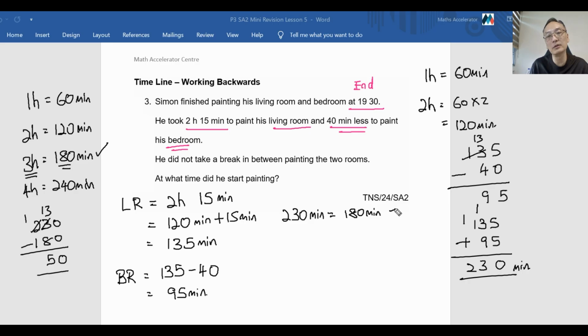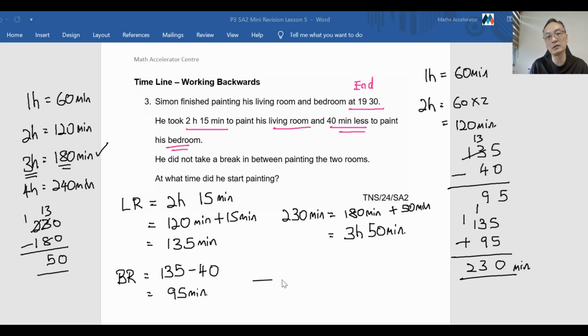So it should be 180 minutes plus 50 minutes. Based on our working here, we know that 3 hours is equal to 180 minutes. So we write here 3 hours, 50 minutes.